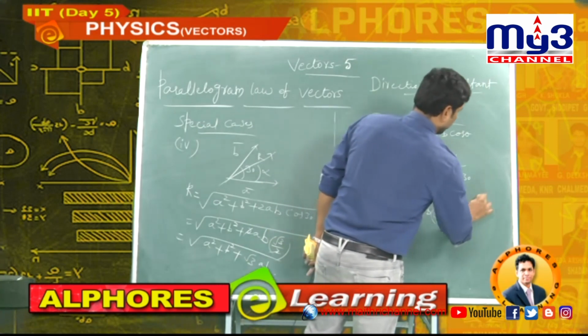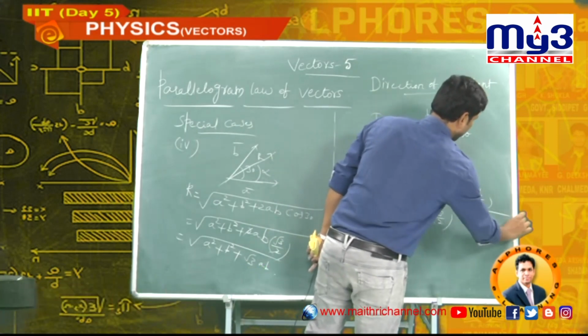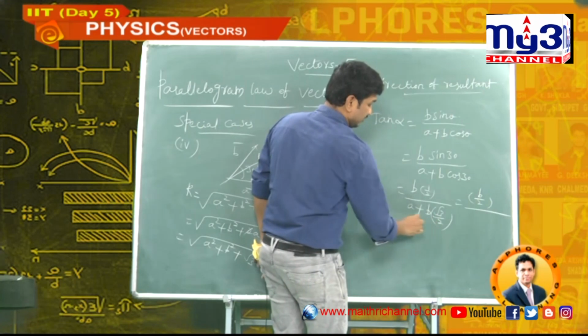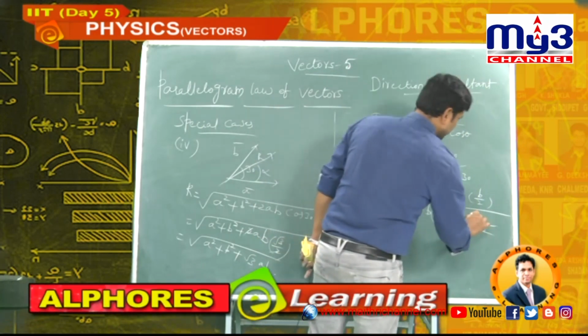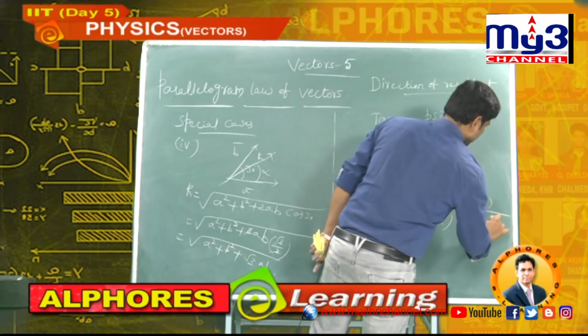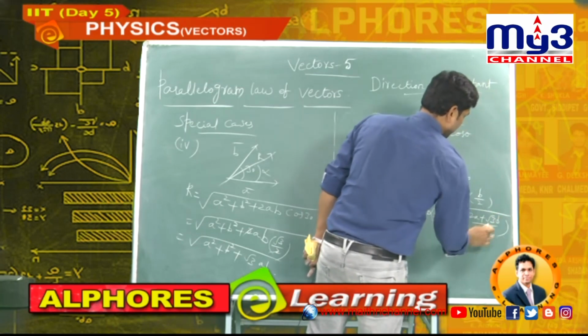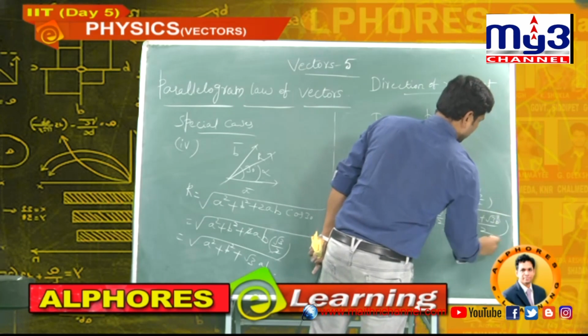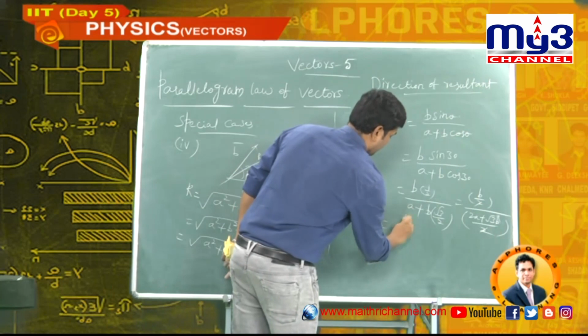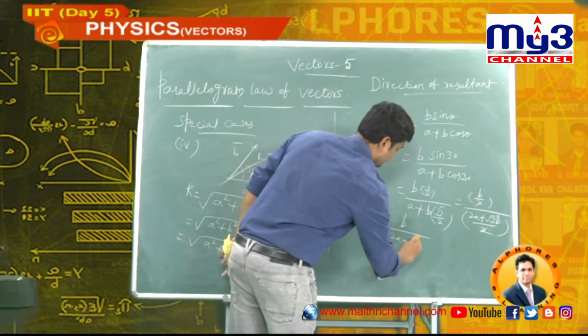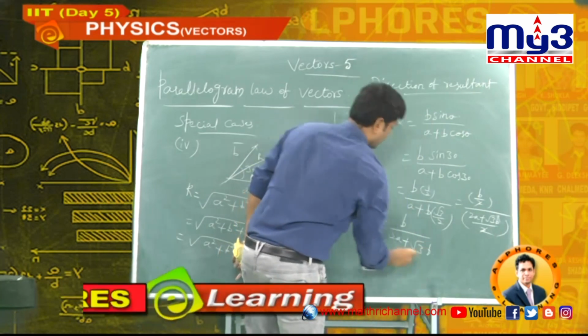Now again here B by 2 is in the numerator, you can do LCM here, 2A plus root 3B, the 2 cancels. Now B by 2A plus root 3B.